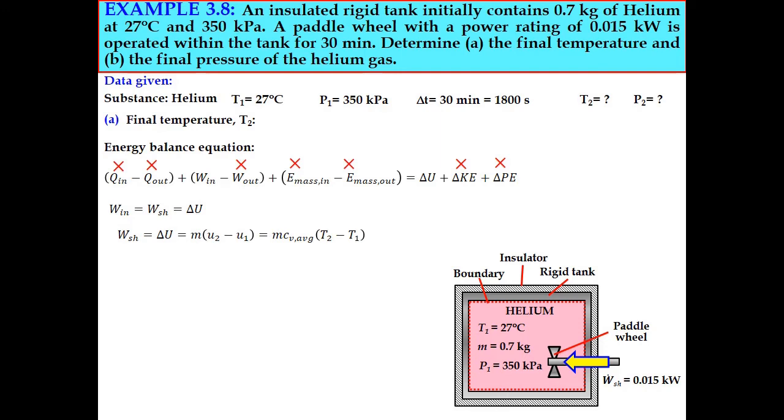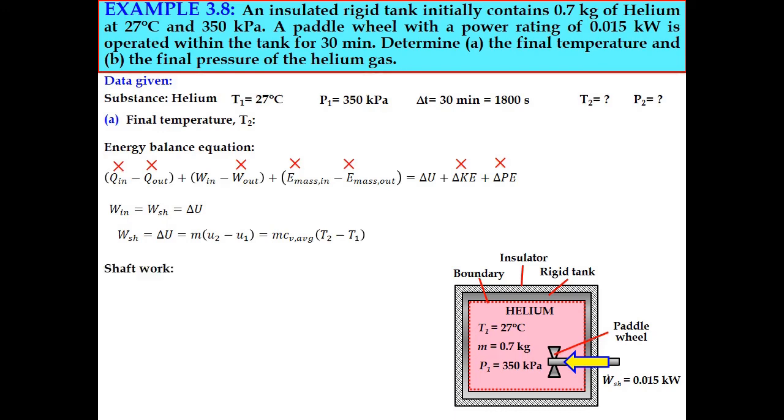Okay, because internal energy is involved in the equation of shaft work, we need to use the formula for Cv average, where shaft work equals delta U, which also equals m Cv average multiplied by (T2 minus T1).